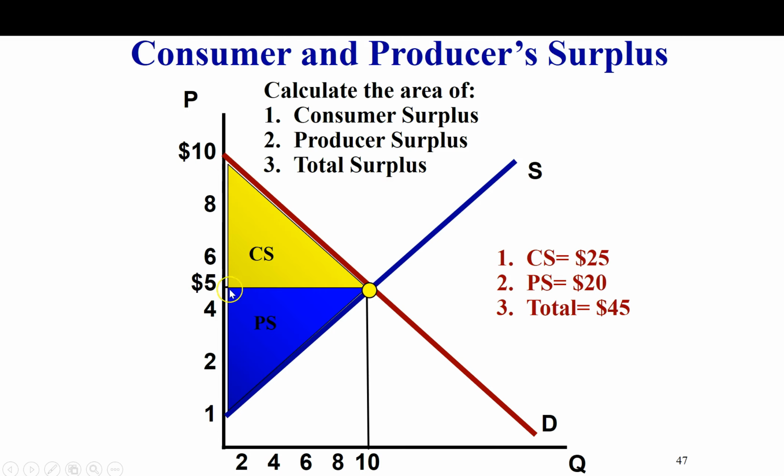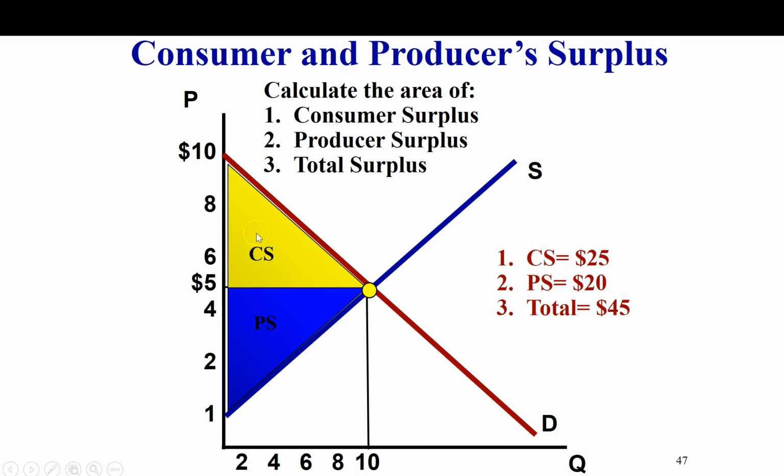And then the producer surplus is the difference between the price the goods actually sold for in the market, down to what the producer would have been willing to accept. And we assume that the supply curve is also their cost. And so the producer surplus really is also profit.